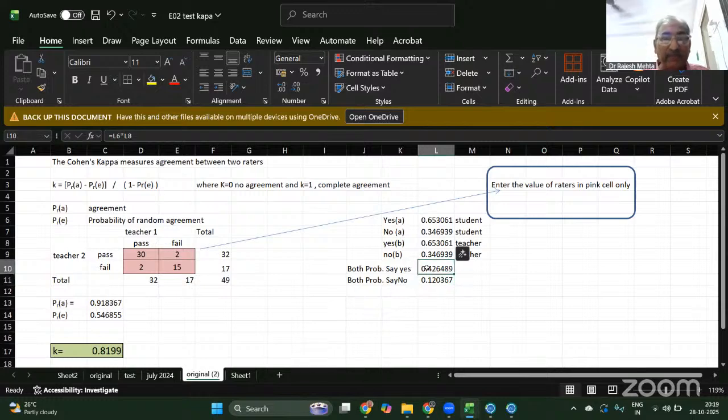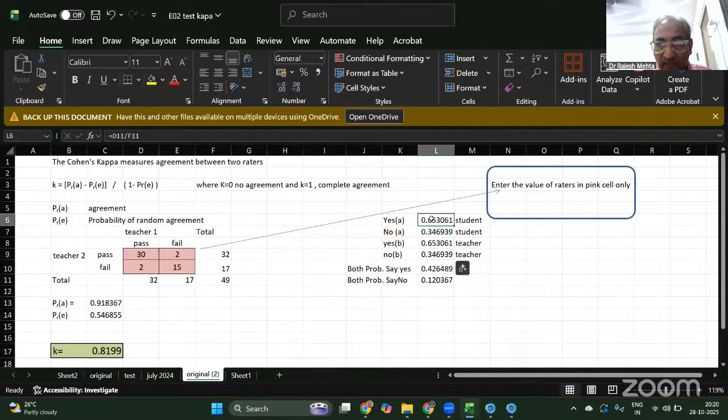Here also they have made a total of L6, L8. L6 is this and L8 is this. Making a total, that means both say, that means you multiply. In the sense of probability, when you apply and, you need to multiply. Both say no. You multiply this, you'll get this.